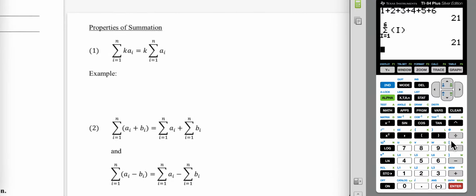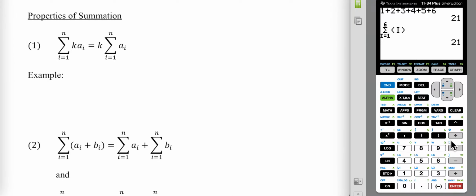So if we take a look at k times a sub i, what that's telling us is that we could factor out the k. Right? And so just a quick example, and not a proof. Let's say I have the sum from i equals 1 to 4 of 3a sub i.